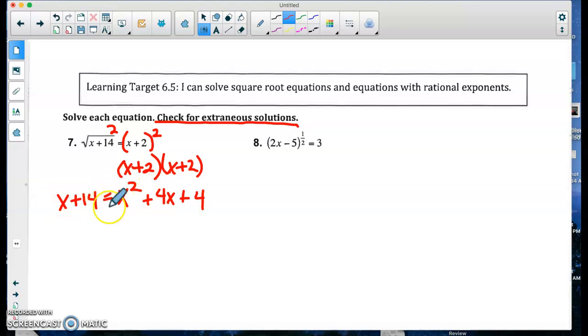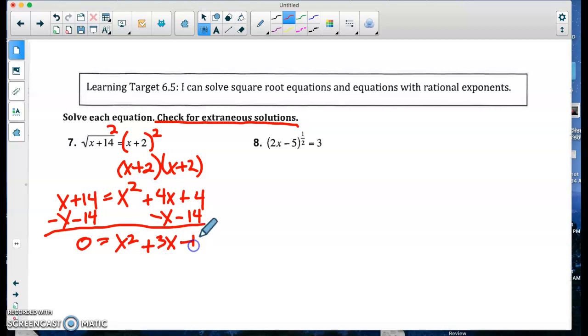Now, a reminder, when we have problems like this where I have an x squared and a bunch of other stuff, we're trying to get everything to one side, so we're combining like terms, and we're trying to get one side to equal 0. So I'm moving all of this stuff over, and now what I have is 0 equals x squared plus 3x minus 10.